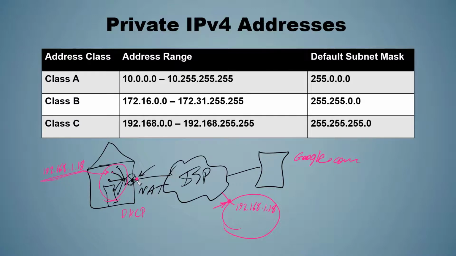It knows your public IP address. So when you request access to the Google website, the response goes back to your public IP address. Then on your router, port address translation translates the public to the private and says, oh, this device requested earlier, so it responds back to this device, which in other videos we will talk about in a lot more detail.